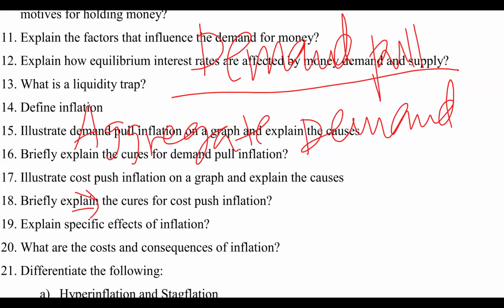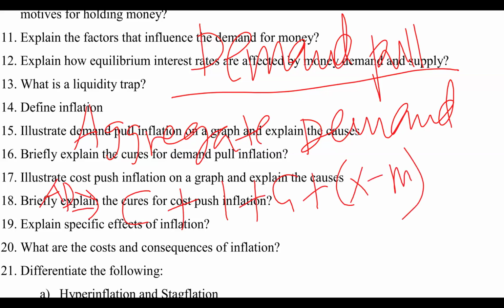Remember, aggregate demand AD is given thus: aggregate demand shall equal consumption plus investments plus government expenditure plus exports minus imports, isn't it? This is consolidated demand, right?